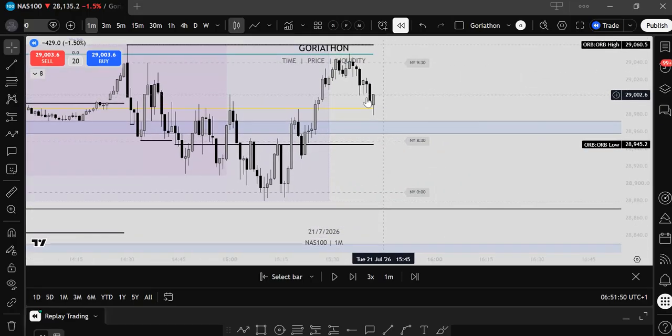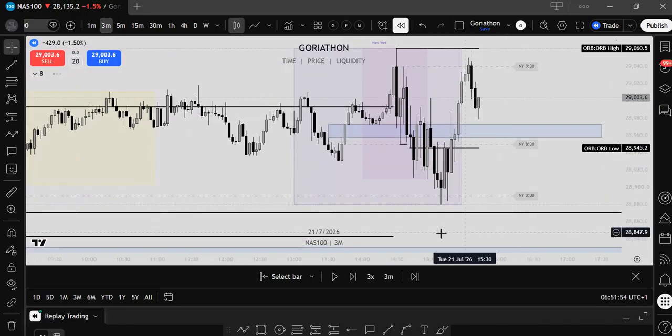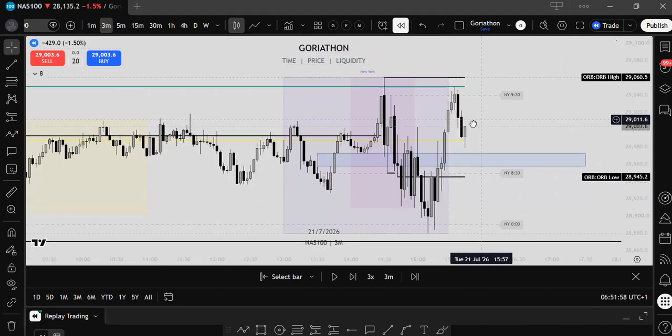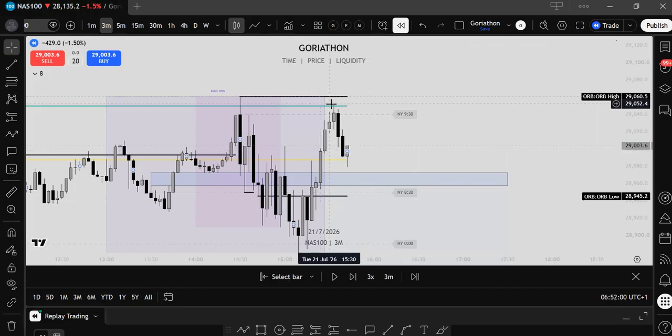Now the patient person, when there is no clear structure, especially on 3 minutes, right? When there's ranging, no proper inverse fair value gaps, what they would do is, okay, listen, price action has broken up. Now this is a fair value gap where the price should hold at last for bullish price action.